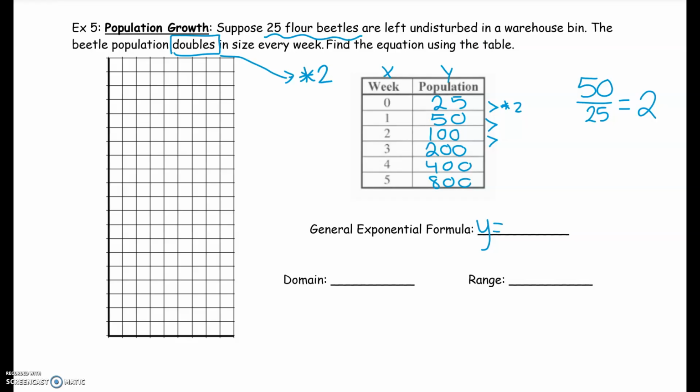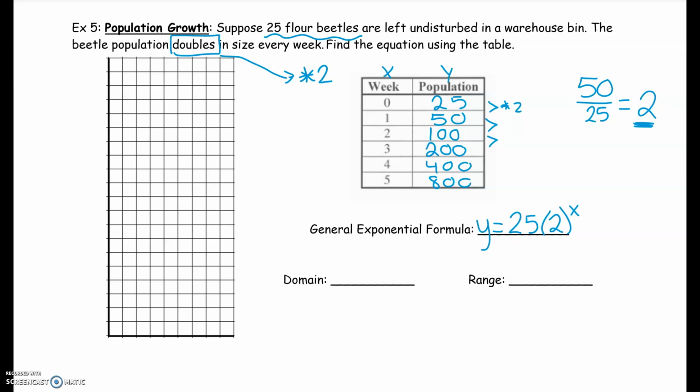So y equals our initial value, 25, times our rate here, which is 2, raised to the x power. Now, is this growth or decay? Hopefully we know. It said it was a population growth problem, so that 2 here is telling us that it's greater than 1, so we do know that it's growth.